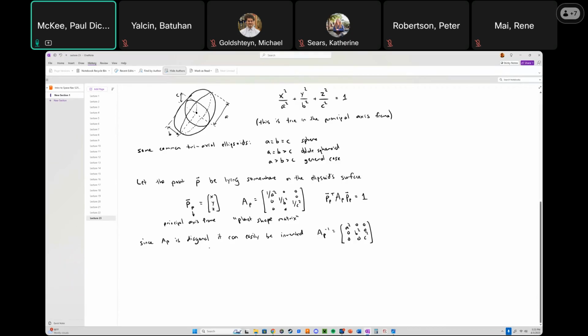Okay. Now, what if we wanted to express the celestial body's shape in a different frame?